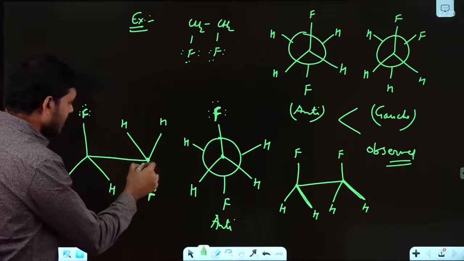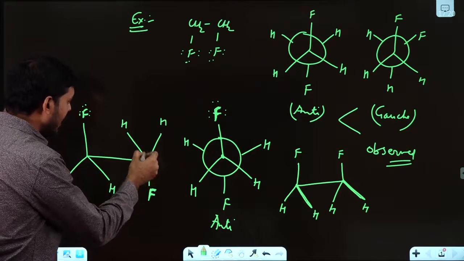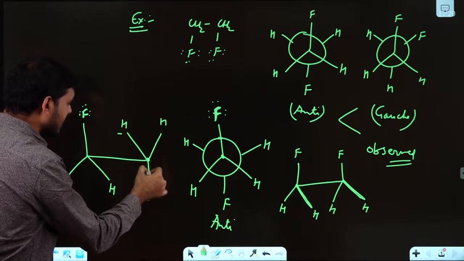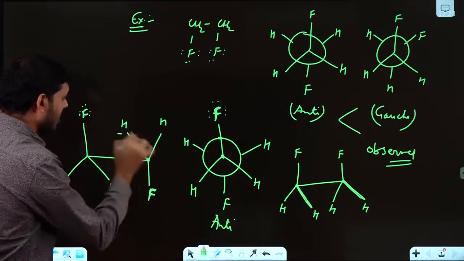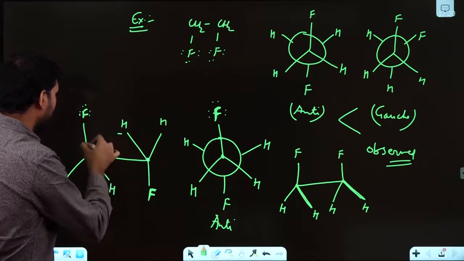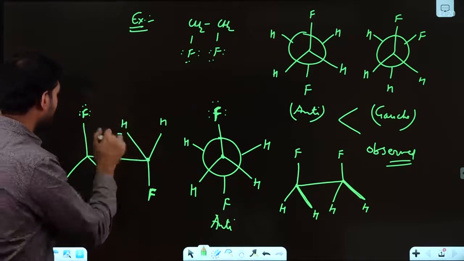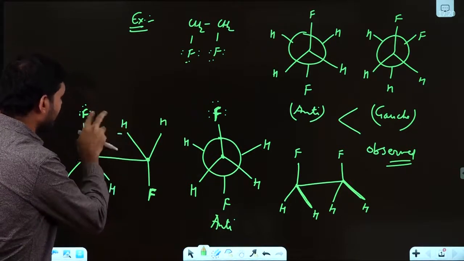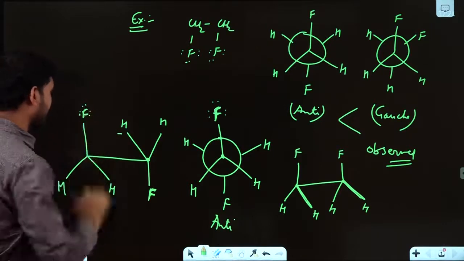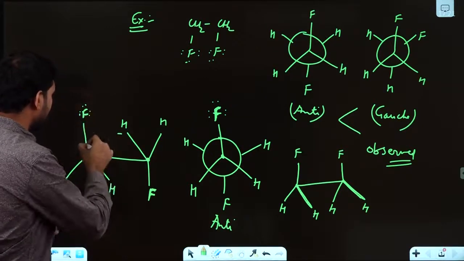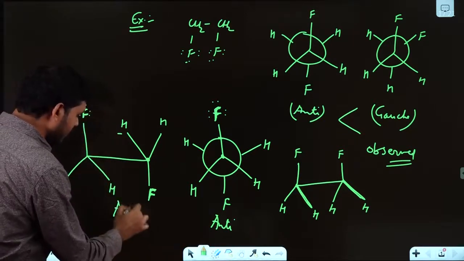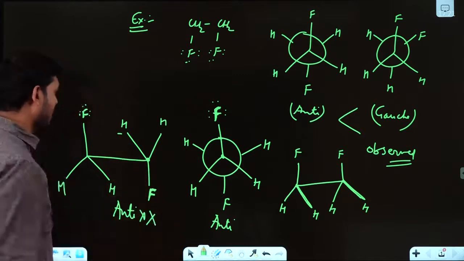In anti-form, the back side of this C-F bond is having an anti-bonding molecular orbital, sigma star. So this sigma star and this C-H bond can possibly make some sort of electron sharing. But as this fluorine is most electronegative and is attracting the electron pair towards itself, in anti such a possibility is not available.